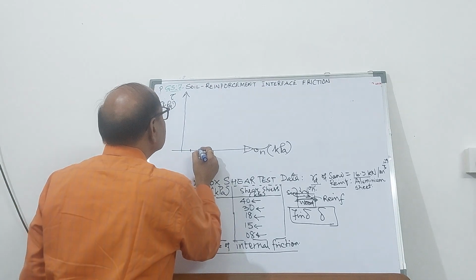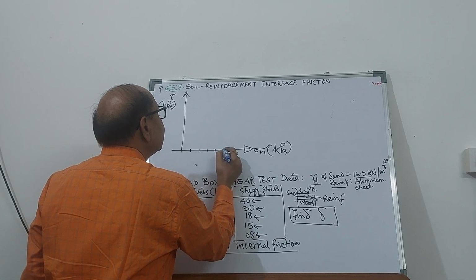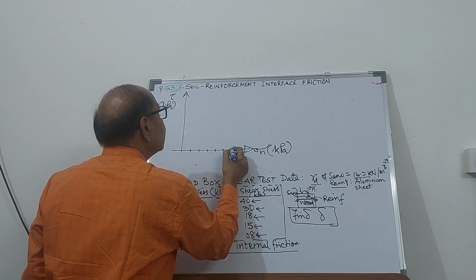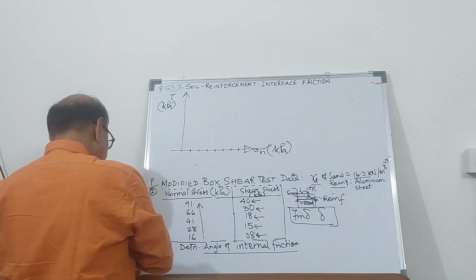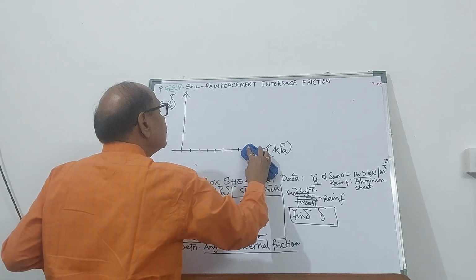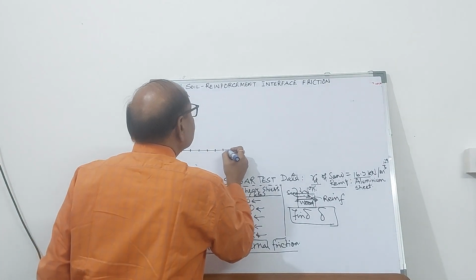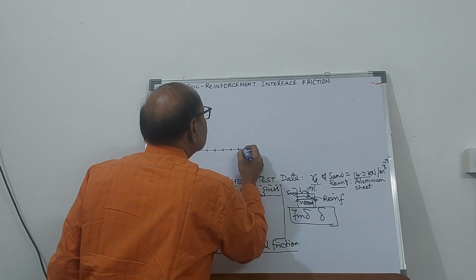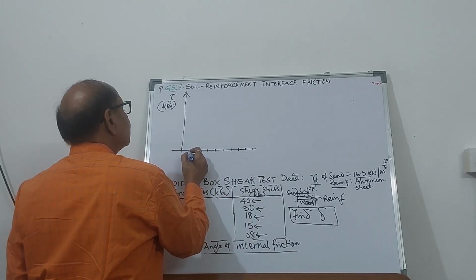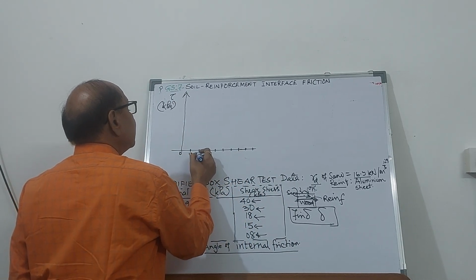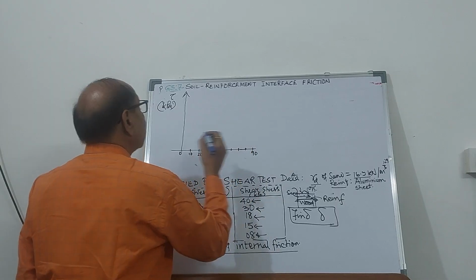Let's say this is 10, this becomes 20, 30, 40, 50, 60, 70, then 80 and 90.